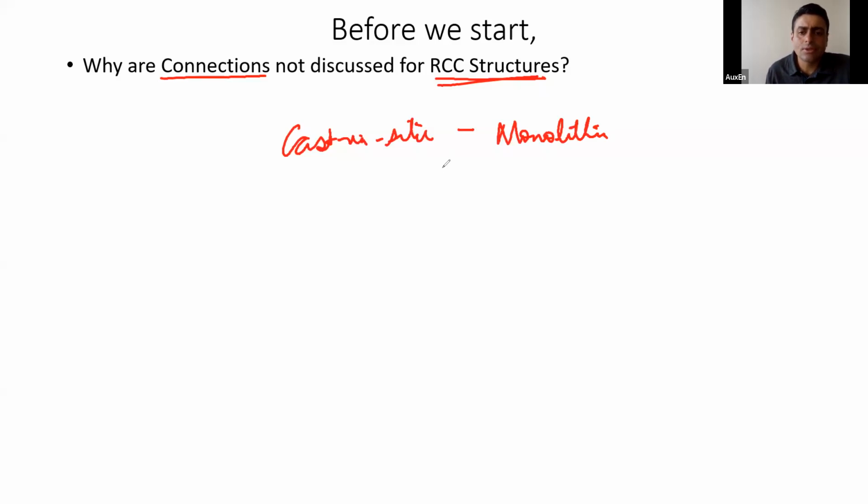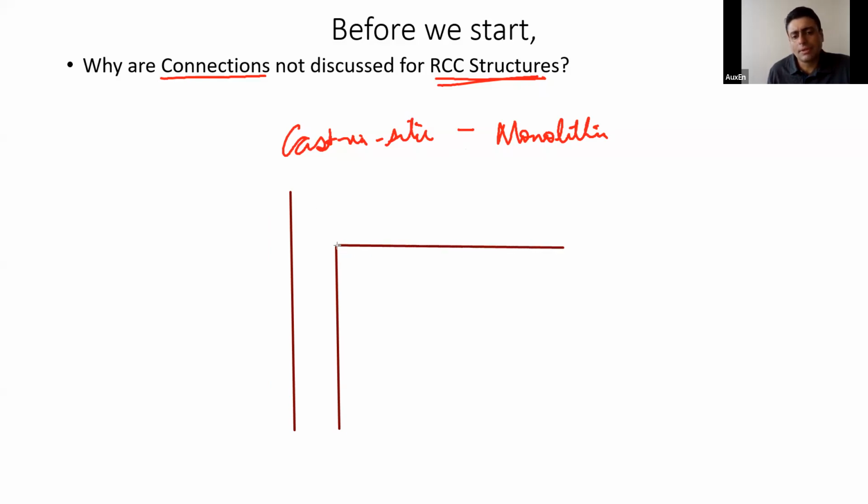Even if they are not cast together, they are assumed to be as good as a monolithic structure. For example, take a beam column portal. This is my column, and this is my column. I'm showing an elevation. This is my beam.